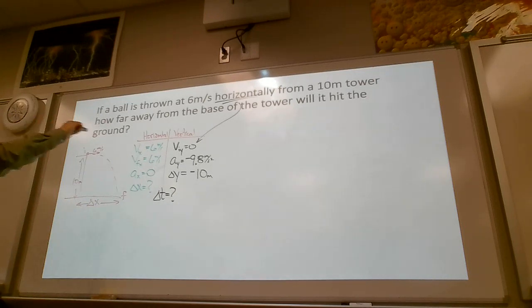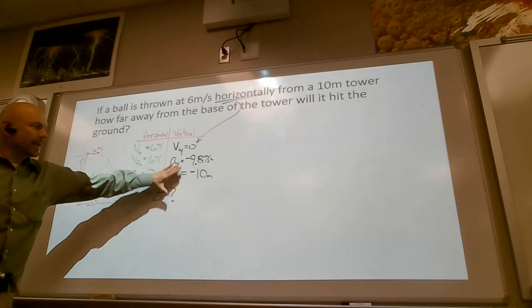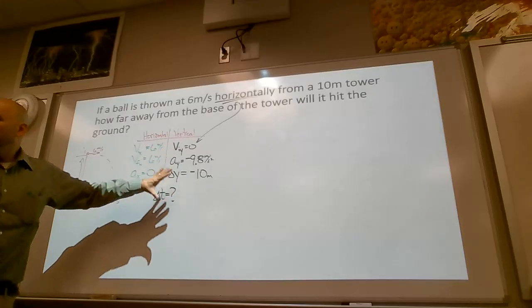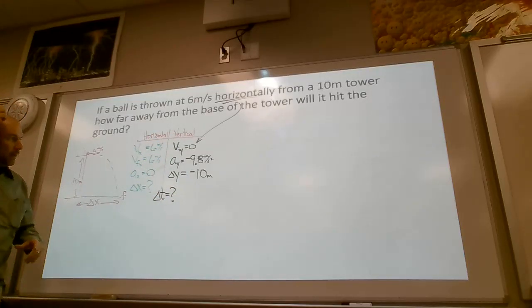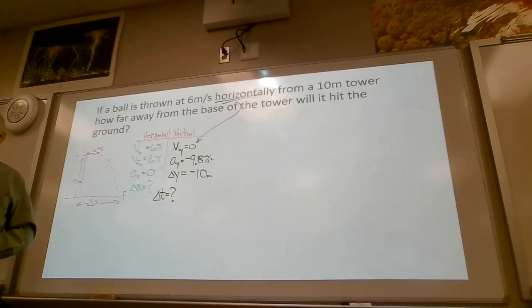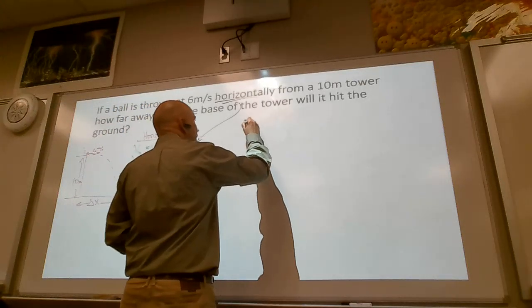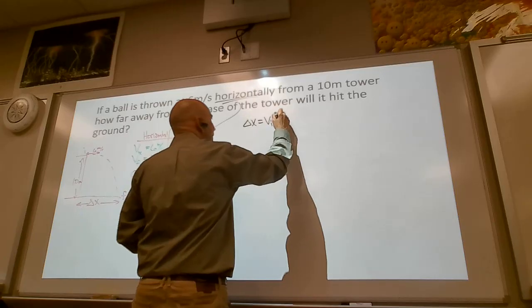It's moving both horizontally and vertically at the same time. So could we solve for time with the vertical? If you have your kinematic equations, you'd be like, oh yeah, check this out.